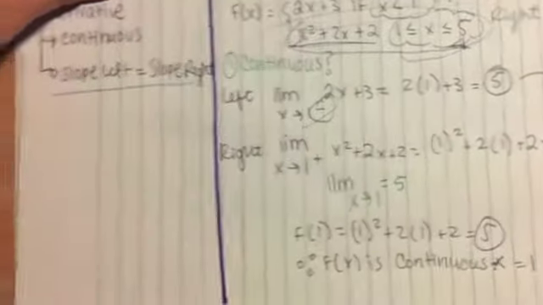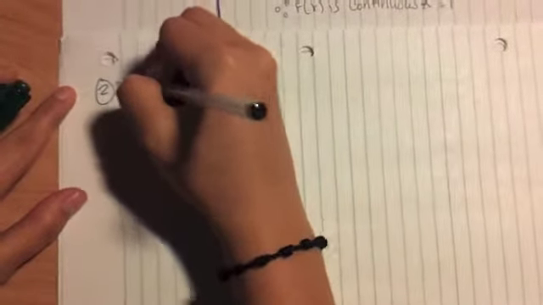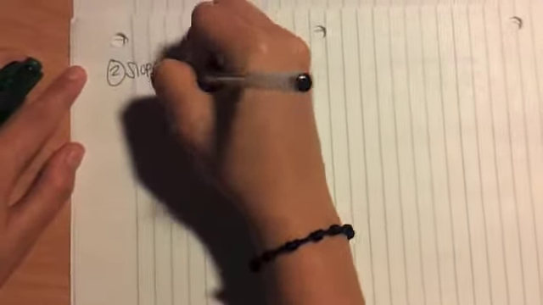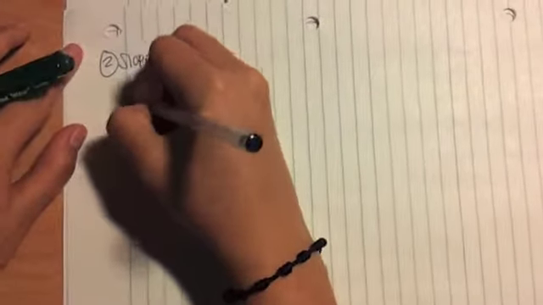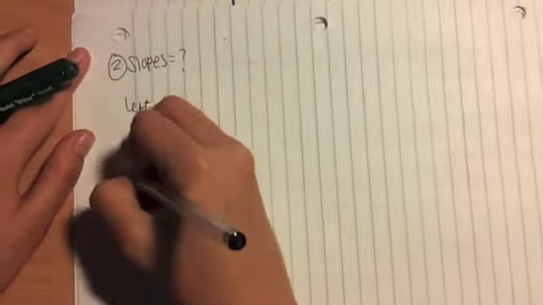Okay, so the second step is about slopes. Let's check the slope from the left and the slope from the right. Okay, so from the left, can you still see this? You can?